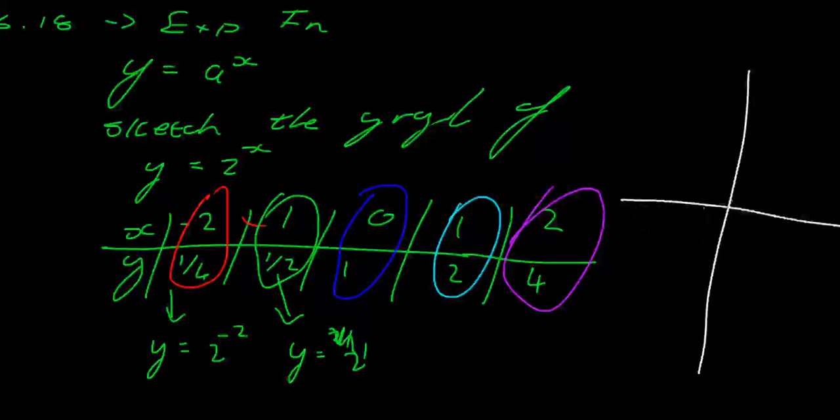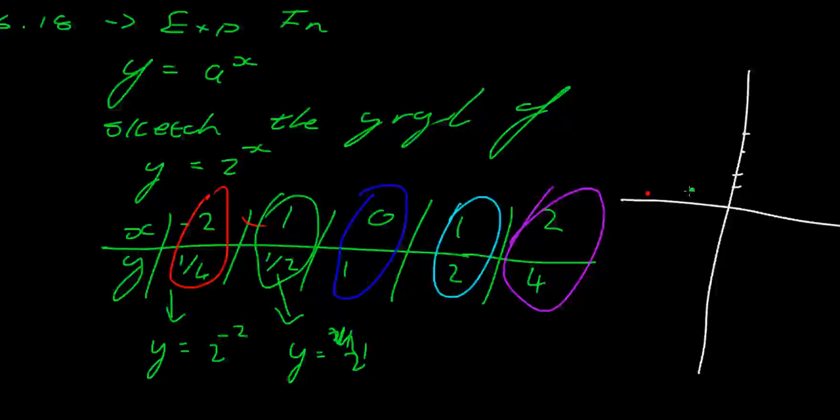I'm not going to draw in any points, though you always must label your graph and draw in your points nicely. I'm not going to do that here for the sake of speed. So x is minus 2, y is a quarter, which puts us round about here. Okay, x is minus 1, y is a half, which is more or less here.